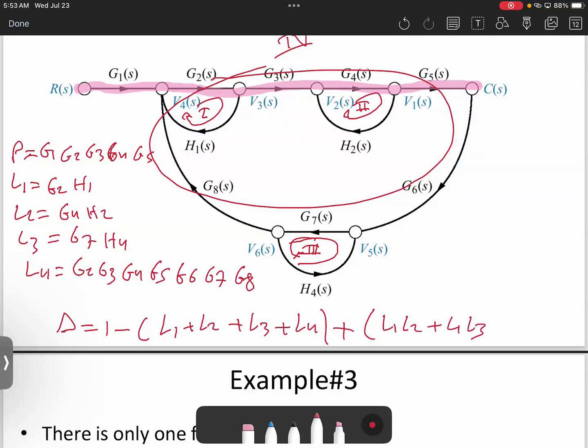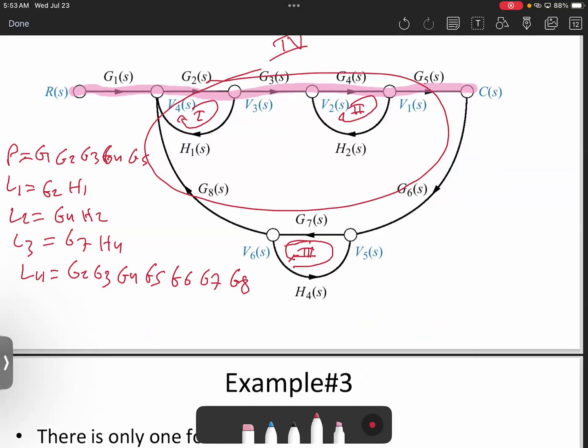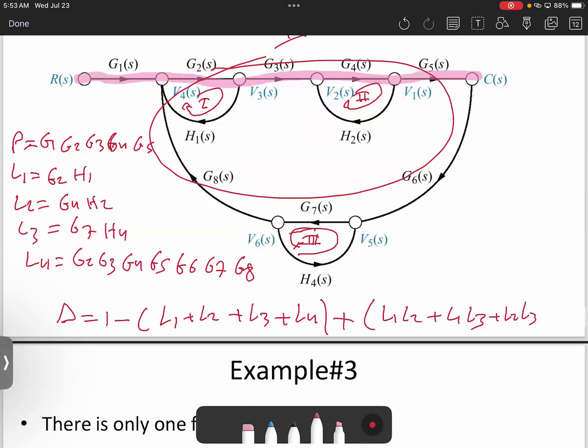L1, L4, yes, touching. L2, L3, non-touching. L2, L4, touching. Okay. Now L1, L2, L3, non-touching. L1, L2, L4, touching. L1, L2, L3, L4, touching. So this is delta.